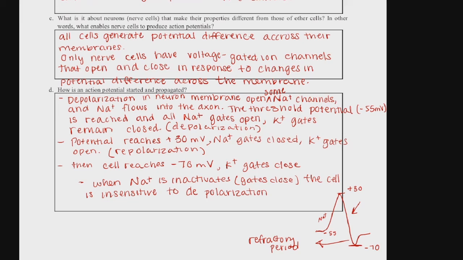And so what this does is it will limit the number of action potentials that are generated per unit time. The refractory period helps explain why action potentials normally travel only in one direction on the axon, why they're not in a bunch of different places, is because it's a very stepwise process.